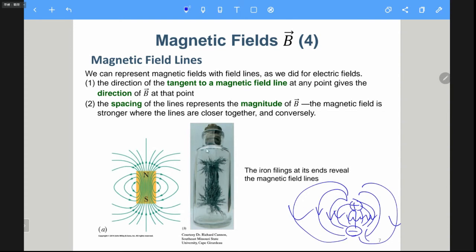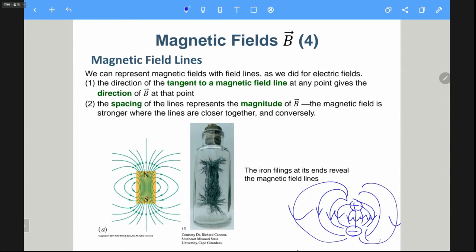And then you can see here, in the middle is the magnetic bar, and you put in some iron filings, something like powder form of iron. Then the iron will follow the direction of the magnetic field lines.